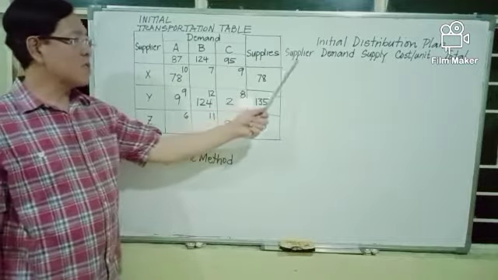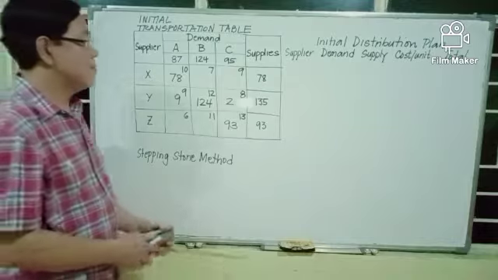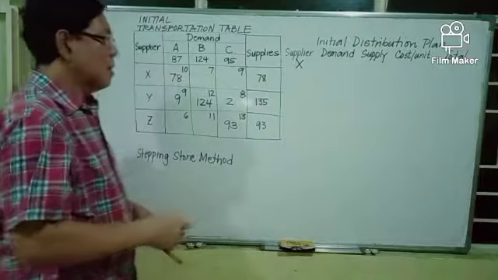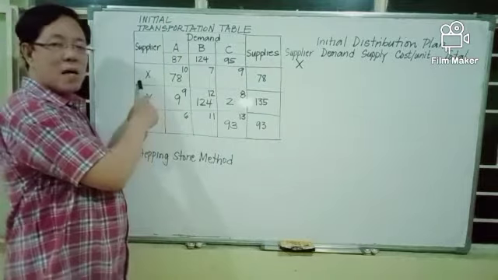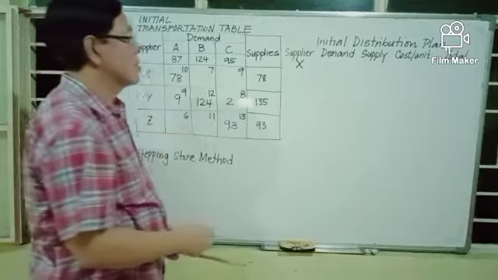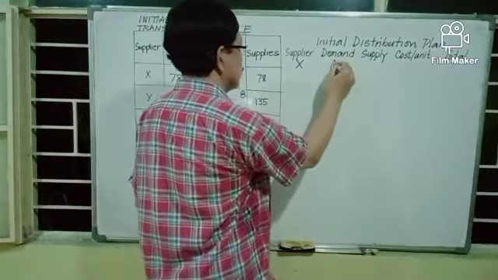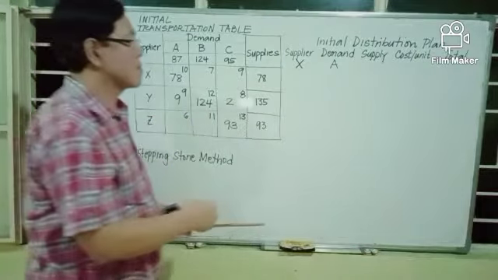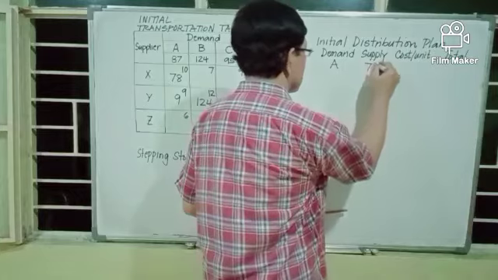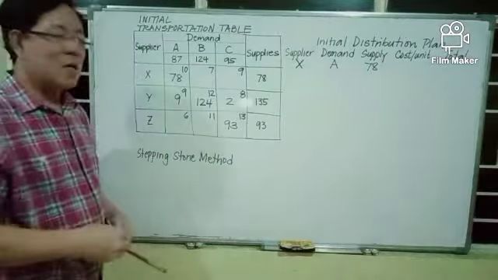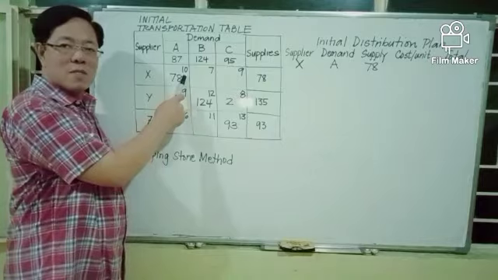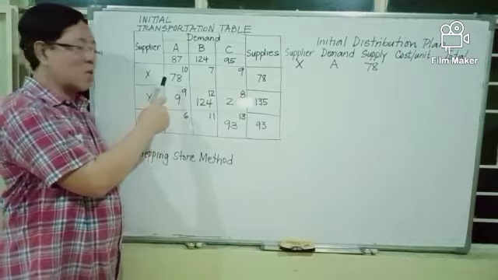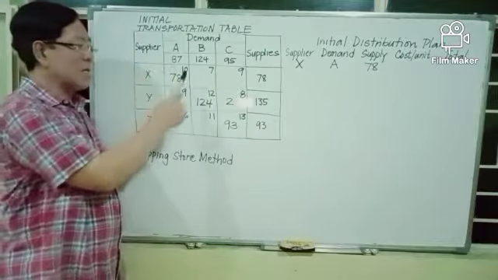We write in the table supplier X to customer A, we supply 78 units, and the cost per unit is given by this cell cost. The cost per unit of transporting one unit from supplier X to customer A is 10 pesos.